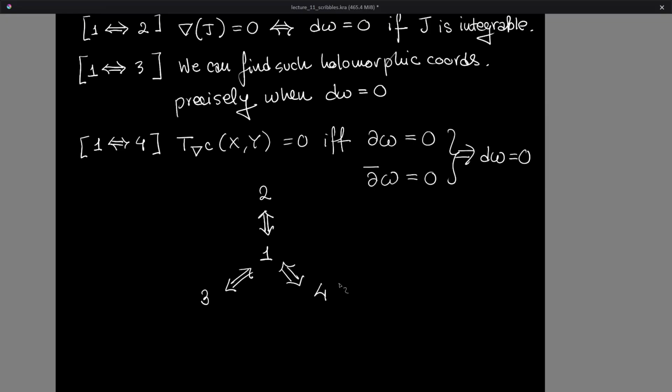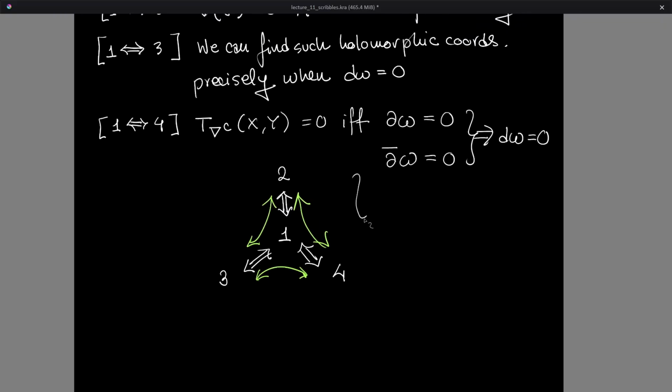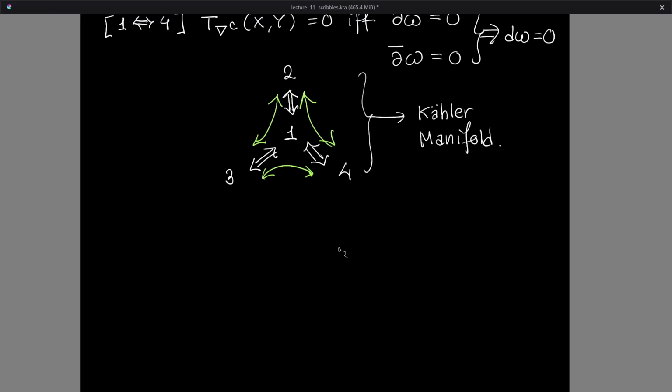Because 1 is equivalent to all of them, by transitive property we find the equivalence between all of the definitions, right? So because they're all equivalent to the first formulation, they all define a Kähler manifold. That's the idea.